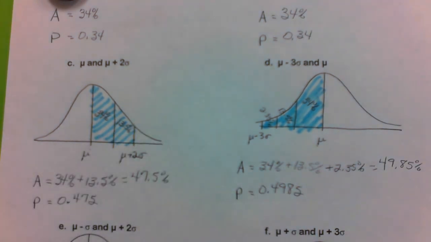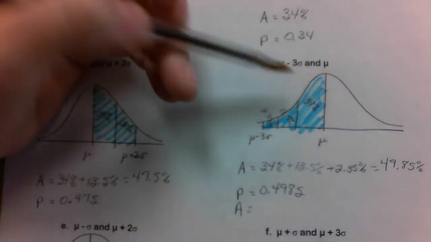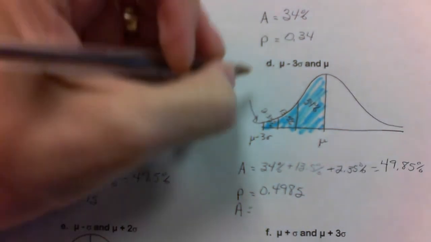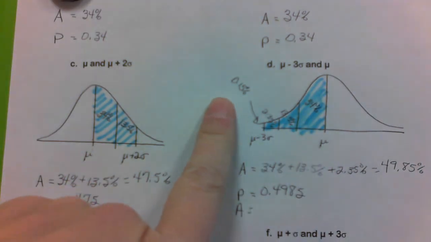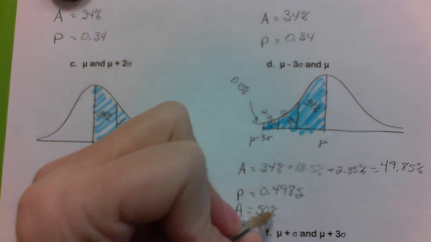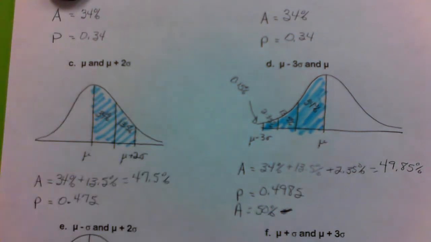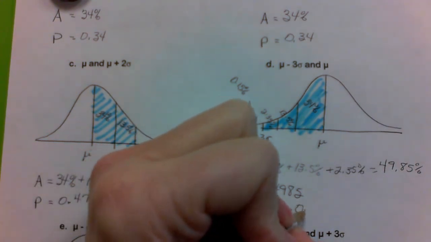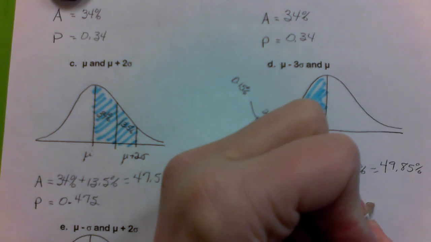Now, in this particular problem, what we've done is completely correct. You'd get full credit, but an alternative way is, if you were to find the area, you could recognize that this tail is 0.15%, and the whole half of this is shaded except the tail, so you could have done 50%, which is from mu all the way to the left, minus the tail that is not included, and you would have gotten your 49.85% as well.